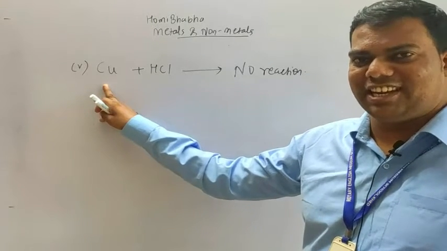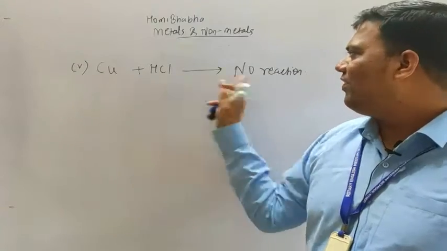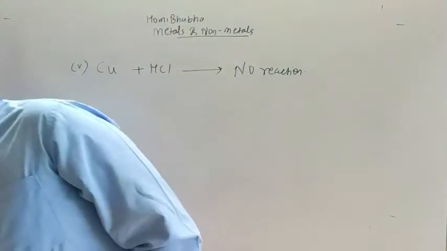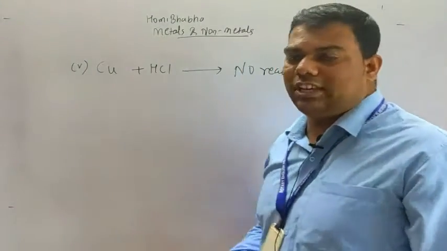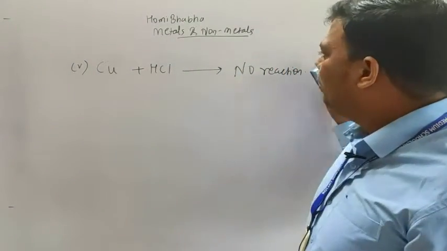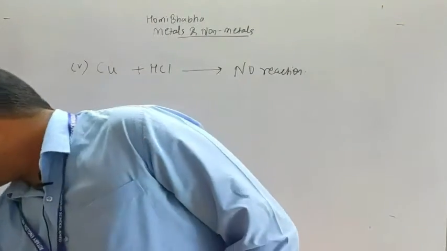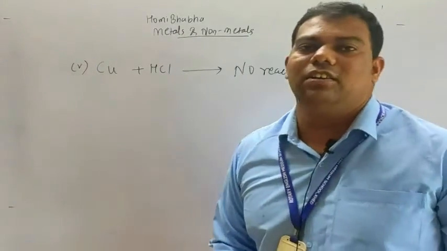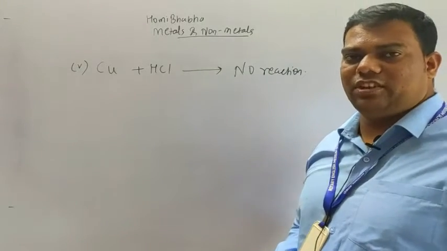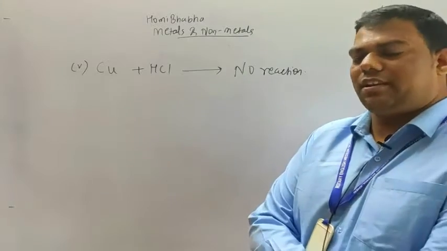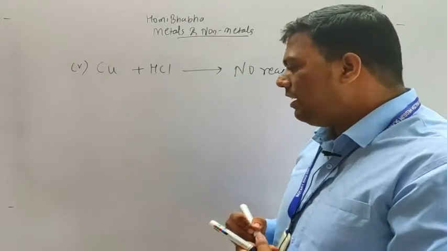Are you remembering this activity series? So no reaction will occur. After that, one of the most important points here: hydrogen gas is not evolved when a metal reacts with nitric acid.